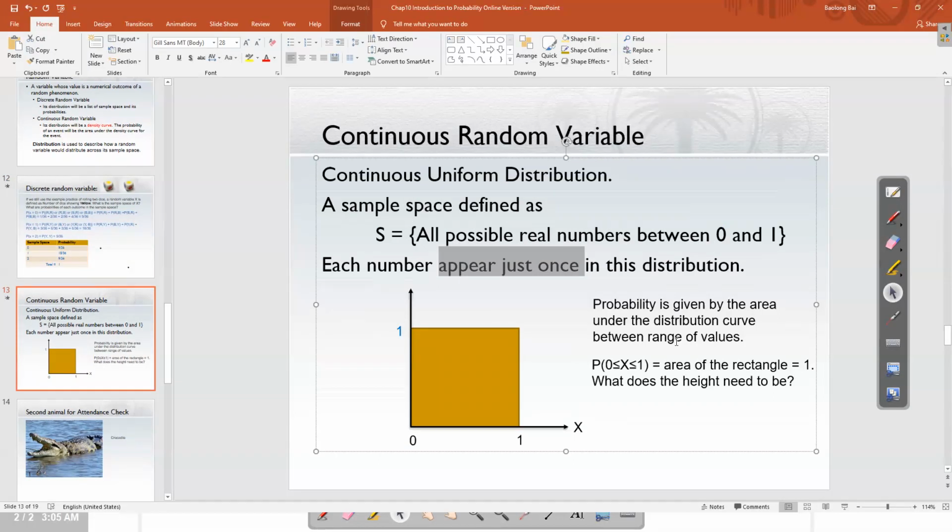Right? So then how are we going to describe the distribution? Here we're going to use something called a density curve. Okay. Density curve.